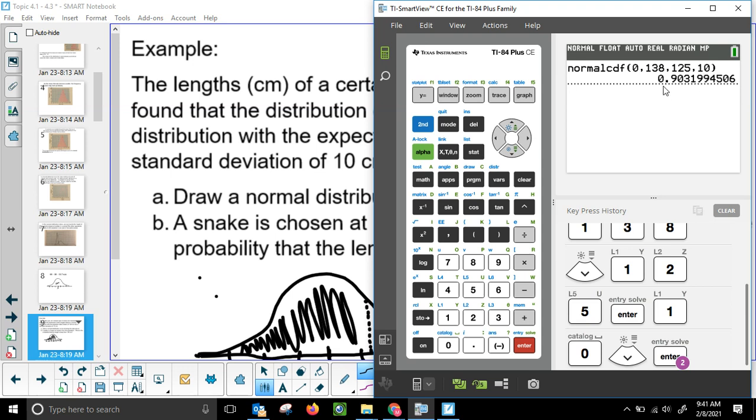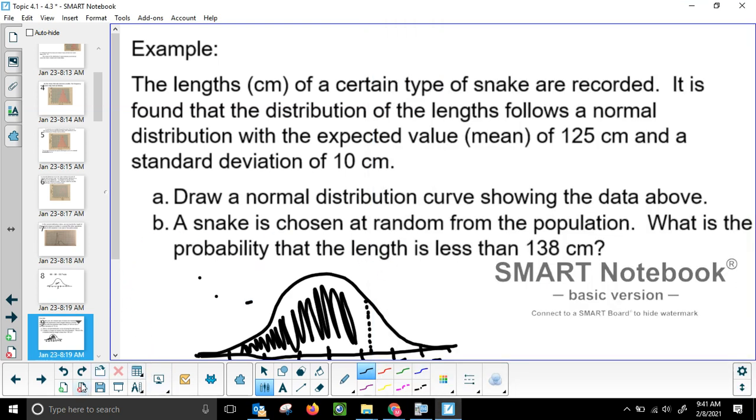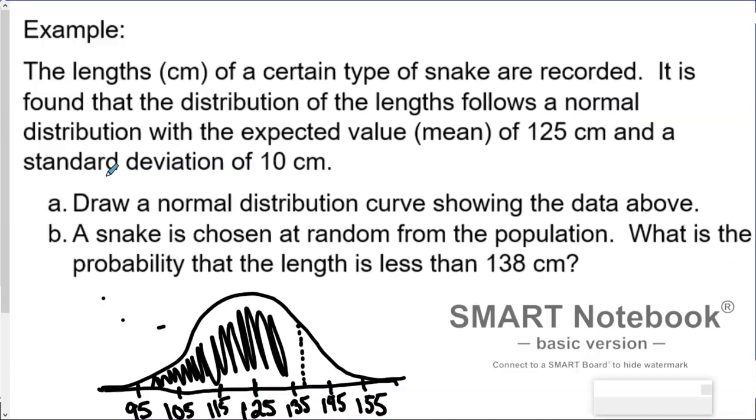So when we do that, we get 0.903. Remember, in IB, we typically go to 3 significant figures unless prompted otherwise. So 0.903.